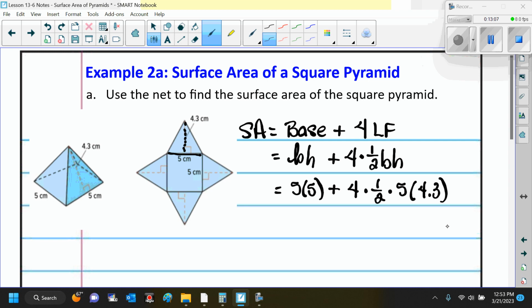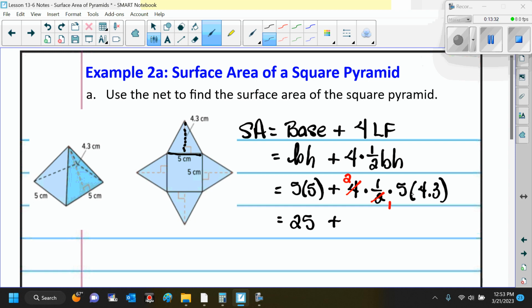So now I can simplify. 5 times 5, of course, is 25. Over here, we can simplify before we multiply. 2 divided by 2 is 1. 4 divided by 2 is 2. And now we have 2 times 1, so that cancels out. So 2 times 5, that's 10.